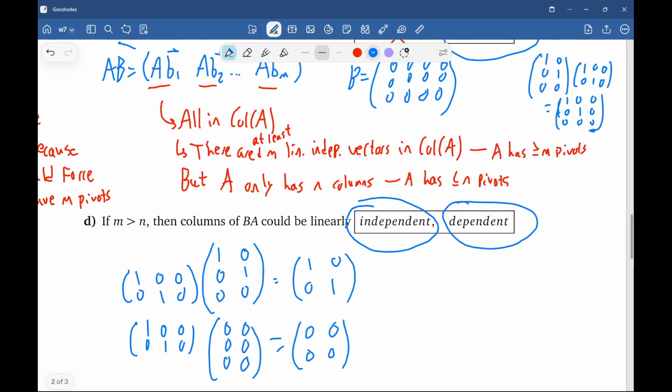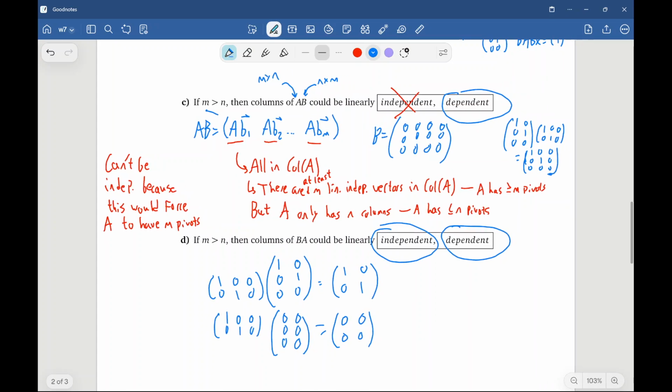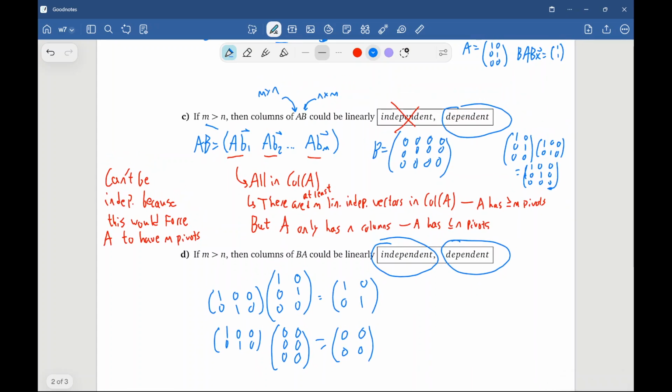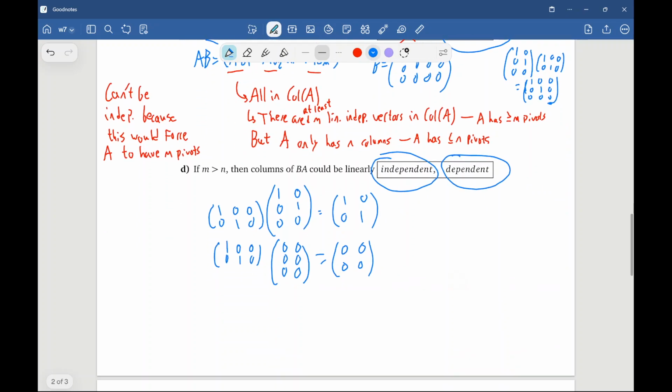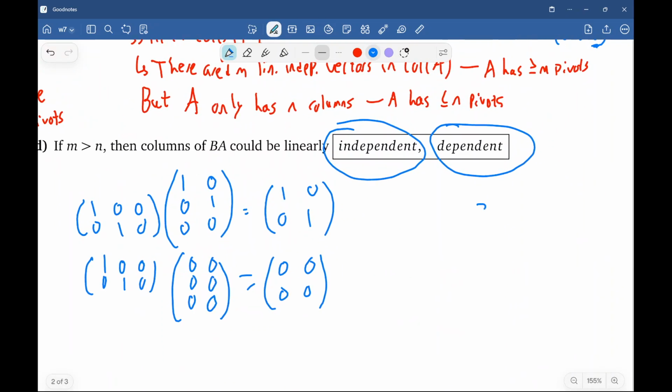This is very trippy. I just want to take a moment to point out how trippy this is. So we know in general that if we swap the order of matrix multiplication, it won't work out the same, right? Because for one, if our matrices aren't square, then swapping the order will give us matrices of different dimensions.